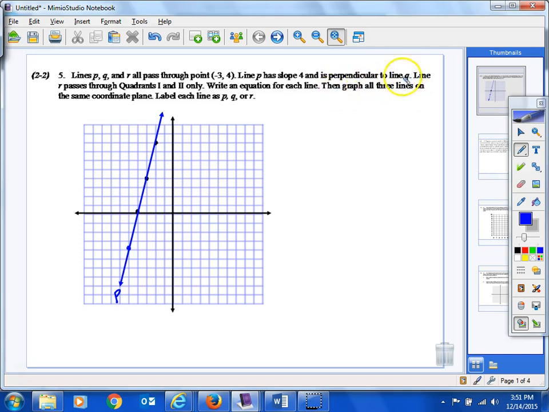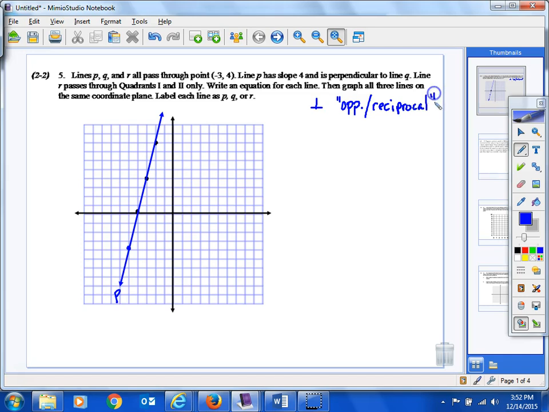Okay, well, now let's think about line Q. What we're told about line Q is that it's perpendicular to line P. They didn't give us the slope for line Q. They just told us that these two lines are perpendicular. But we know that perpendicular lines have opposite reciprocal slopes. Opposite and reciprocal.